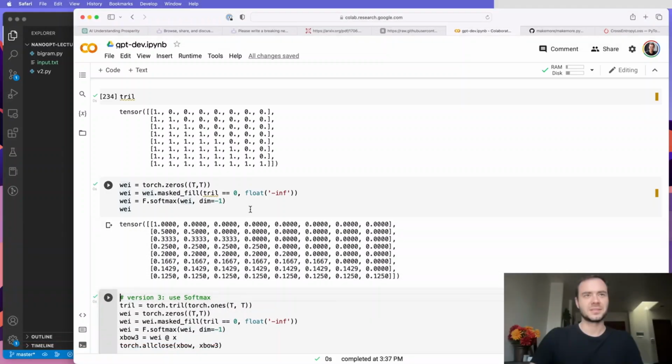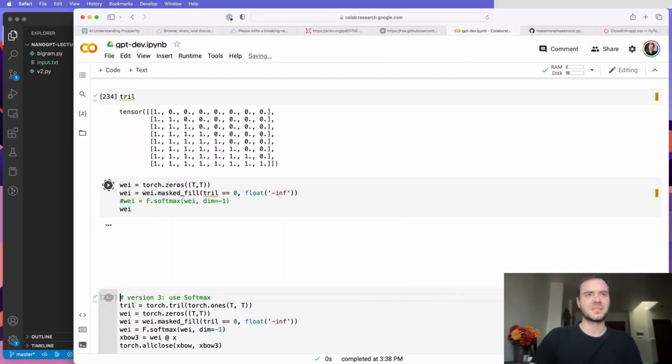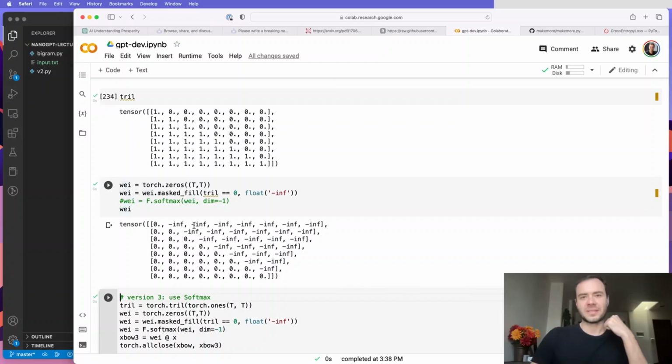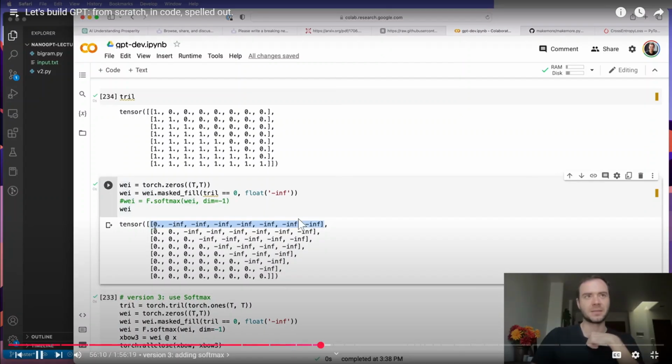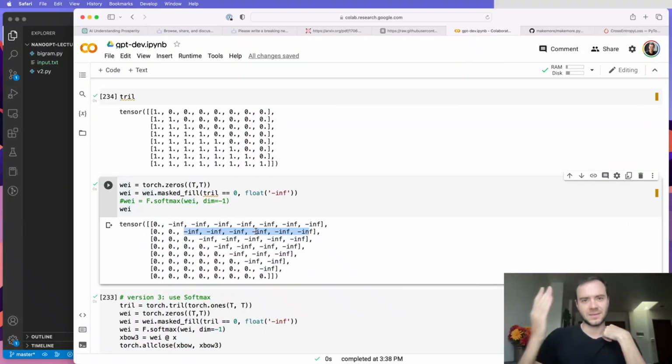And so spoiler alert, you get the exact same matrix. Let me bring back the softmax. And recall that in softmax, we're going to exponentiate every single one of these, and then zeros. And then softmax will, again, divide, and this will give us 0.5, 0.5, and so on.